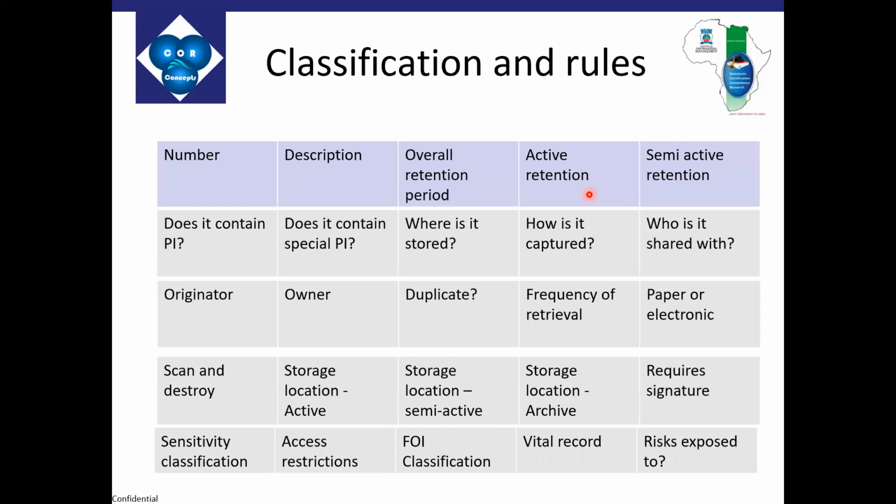But if we start to understand this, we can say, well, while it's active, let's store it in the user department. After a year, it becomes semi-active, let's move it to a departmental or a central archive or a central record center. So we can use this approach or this methodology to start gathering and capturing and making rules about information that allows us to manage our information better.